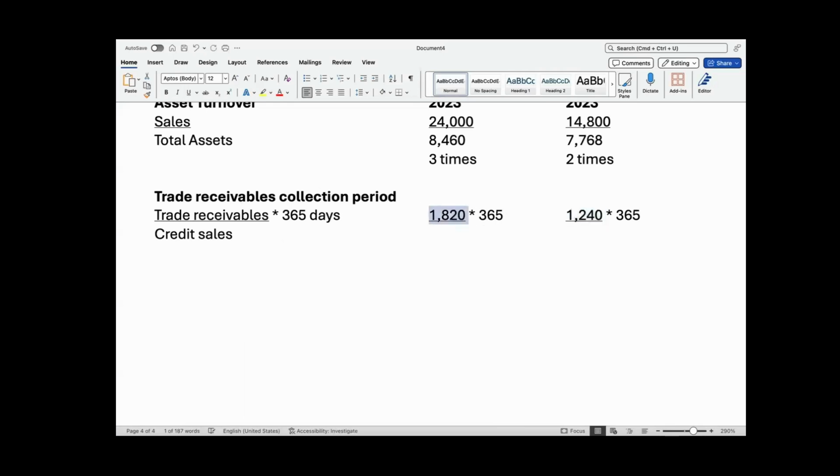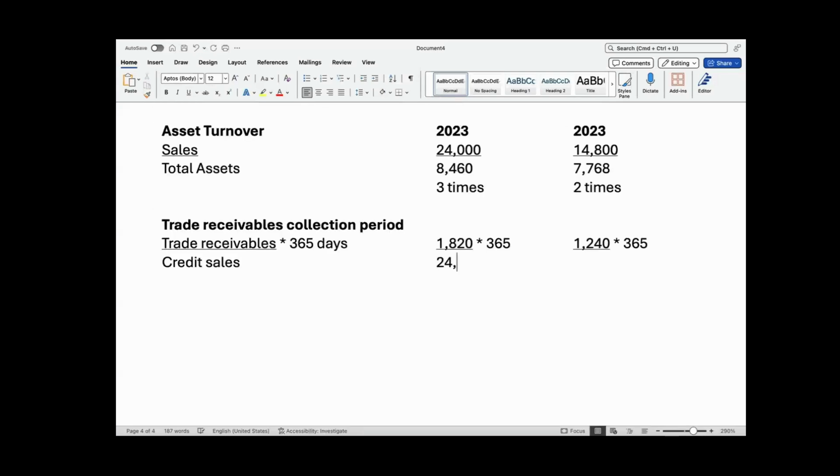The credit sales will simply be your total sales, which is 24,000 and 14,800. So how many days are we looking at? 28 days. How about in 2022?